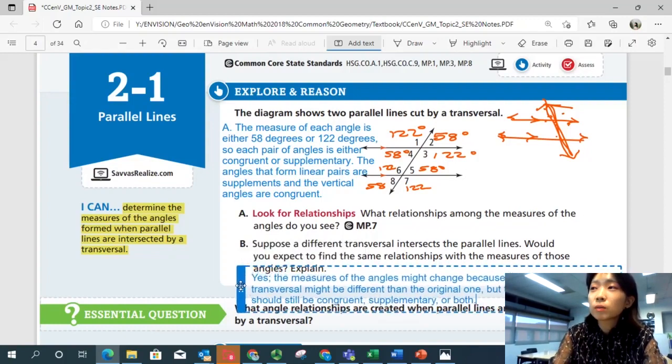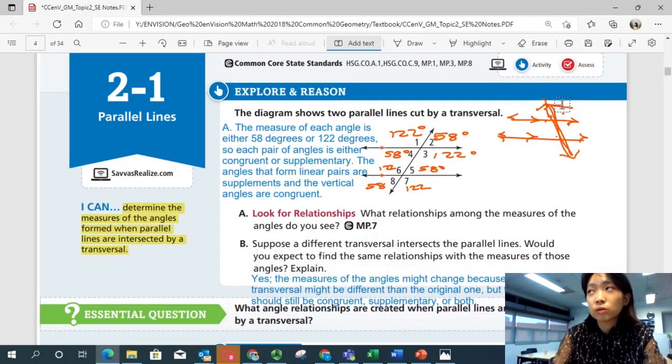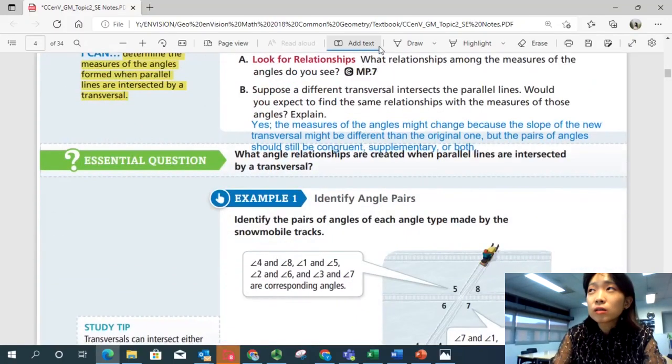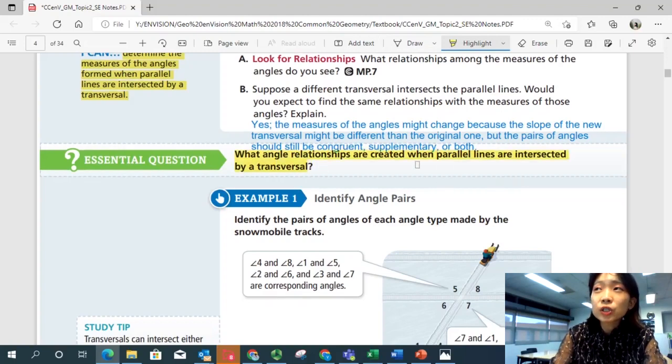We should still have supplementary angles and congruent angles because we got vertical angles as well. So the lesson essential question is that angle relationships are created when parallel lines are intersected by a transversal. So what those relationships are is what we're going to be talking about.